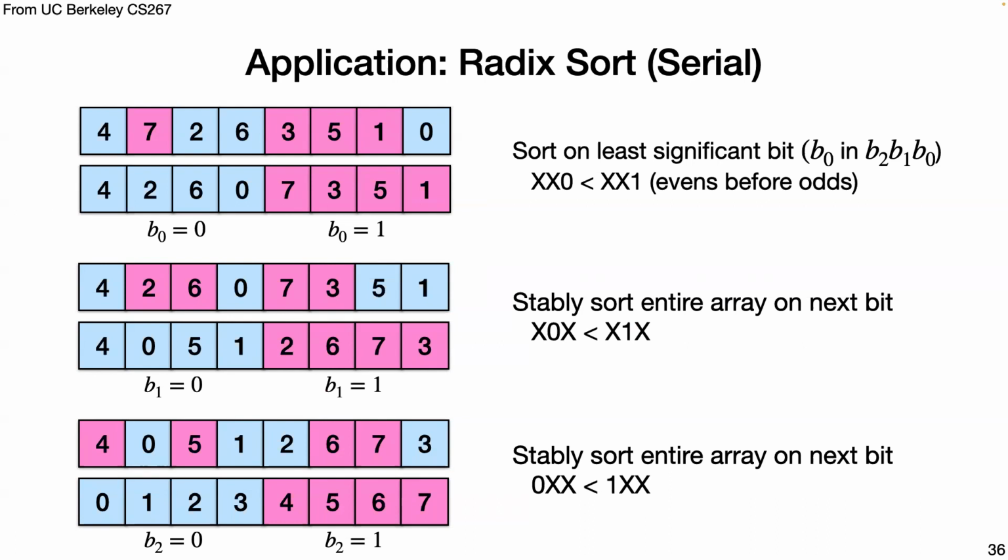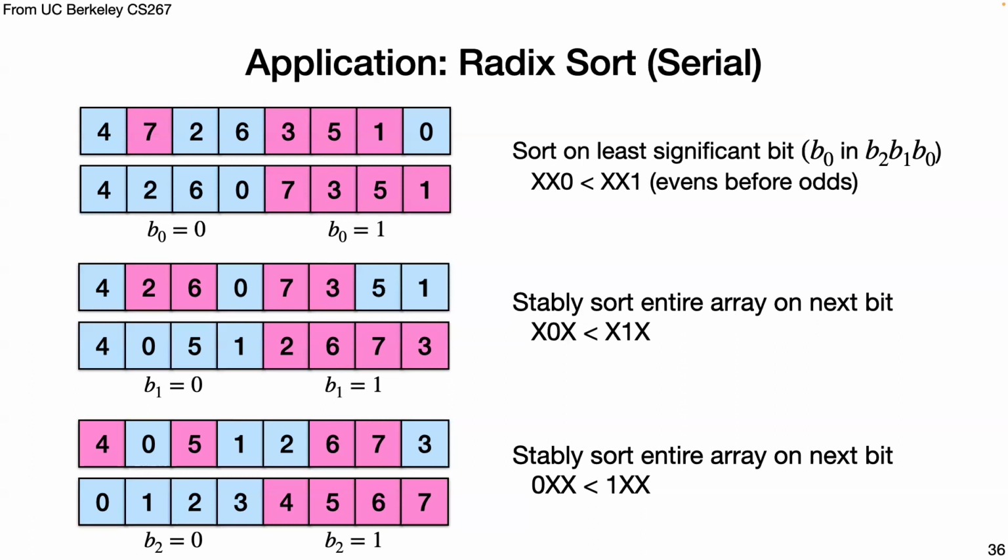So here, these are evens. So 4, 6, 2, 0 are kept in the same order. They move to the left, and all the odds move to the right. And then we do the same thing again, but now on bit 1 rather than bit 0.